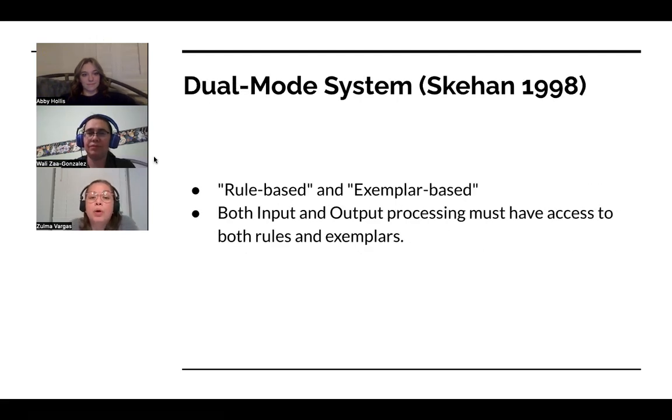Next, the dual mode system. I think I pronounced this right, Skehan, 1998. He talked about rule-based and example-based learning. This system consists of explicit rule-based information and implicit example-based information. This is a conscious system that may activate depending on which system is more convenient to use at a given moment.